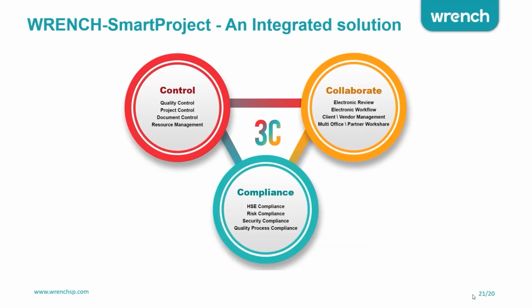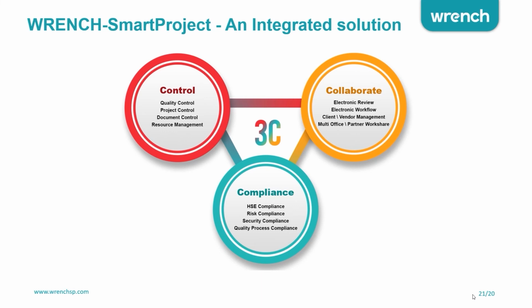So to sum up, what does Wrench SmartProject do? It's called a 3C system. Number one, it provides control. Control in terms of quality, safety, document control, and also resource monitoring.